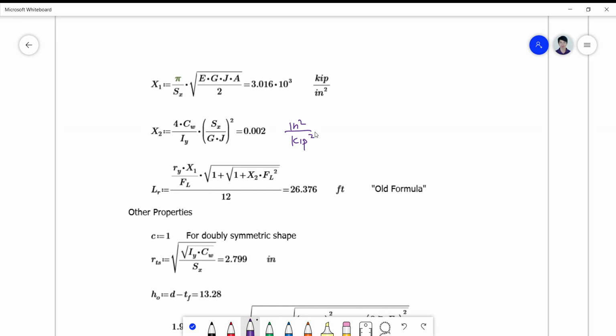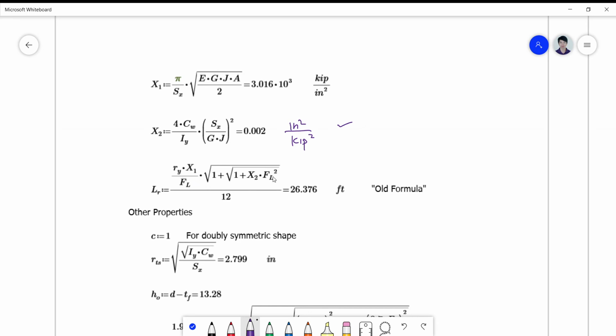So LR, using the formula for LR above, so this is now Ry x1 over FL, square root of 1 plus x2 FL squared. So we can cancel out, yes, this is correct, no? Because this is FL squared. And your LR is in KSI.